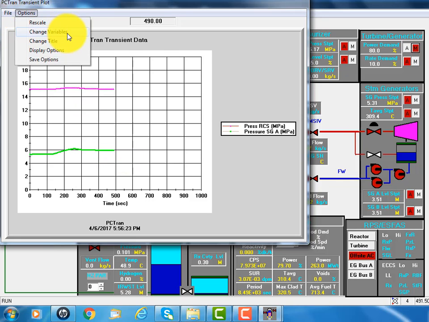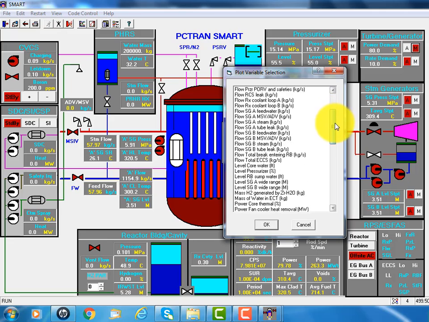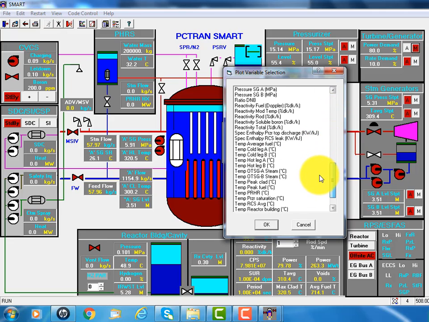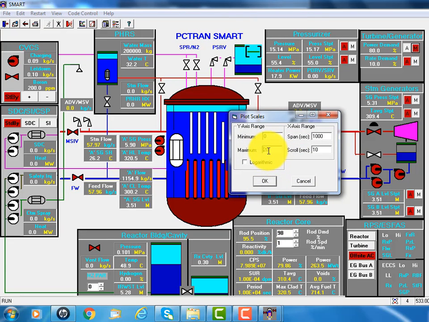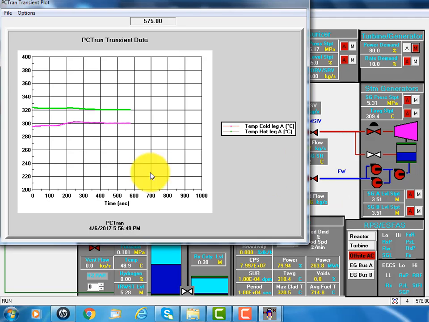And you can also see other variables such as the temperature of the primary hot leg and cold leg. Let's make the range 200 to 400. That's in Celsius. See, that's the hot leg temperature, cold leg temperature. The delta T reduced because of power reduction.